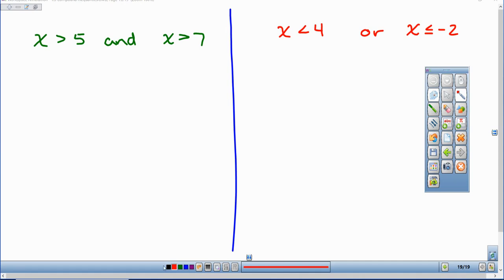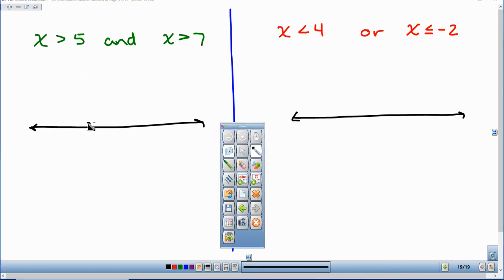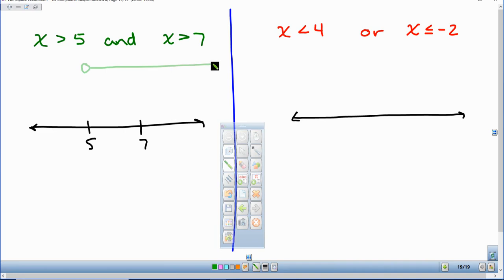Let's just do these really quickly. So hopefully you'll be able to get your inequalities simplified down to just something like this. And then we have a 5, we have a 7, and we have the inequalities x is greater than 5 and x is greater than 7.